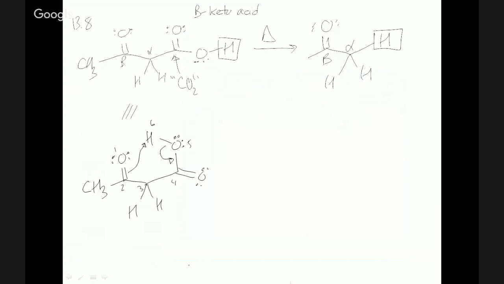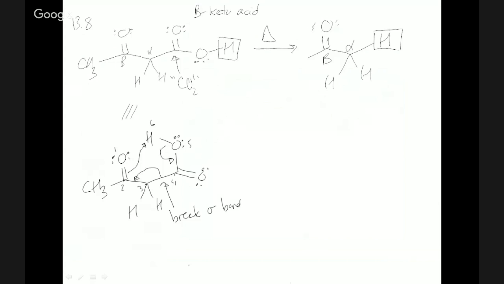These electrons are going to come down. There's your CO2 right there, carbon dioxide. This carbon-carbon bond is breaking and coming over here, forming a carbon-carbon double bond. So we break a sigma bond, forming a pi bond.